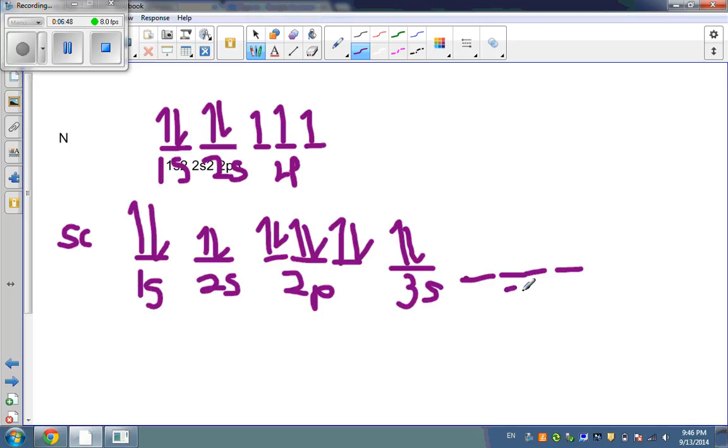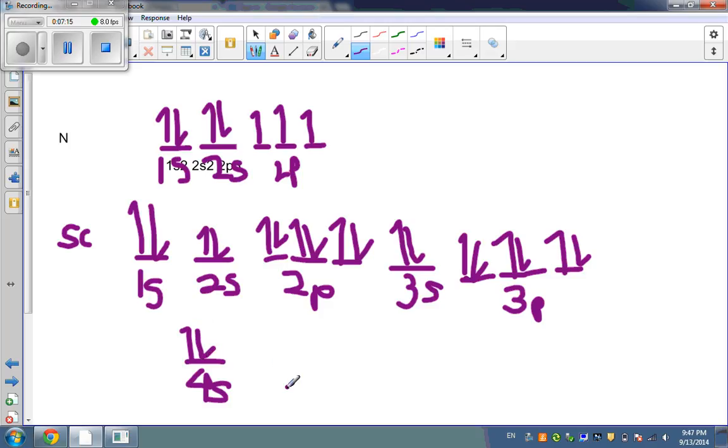And again, just like the 2p, it's best to represent them with up, up, up, and then down, down, down. After 3p, it does not come 3d. The next one is 4s, which has 1 orbital. So this will take 2 of my remaining 3 electrons.